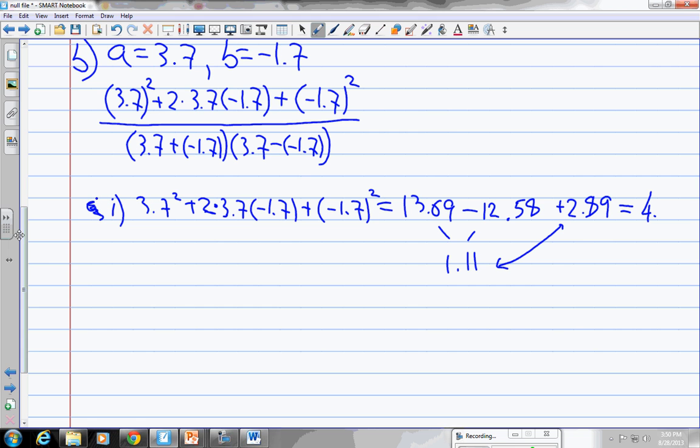Now the denominator, we need to do 3.7 plus negative 1.7. Well, that's simply 3.7 minus 1.7. Plus or minus just gives you a minus. So that's 2.